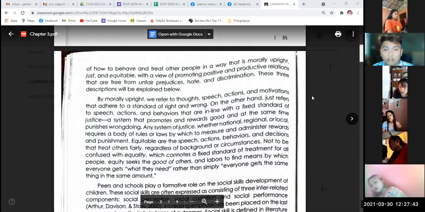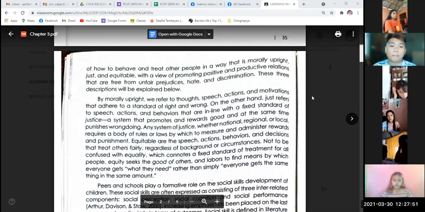So therefore, since you defy the law, you didn't obey the law, then definitely you will be punished. Right? But if you follow the law, if you follow the justice system, whether it's in speech, action, and behavior, then you will be rewarded.